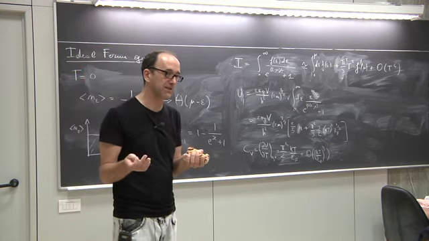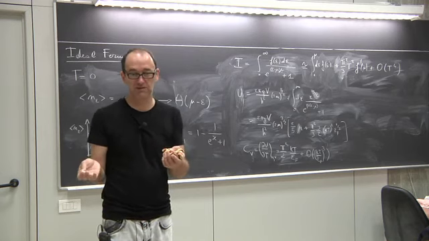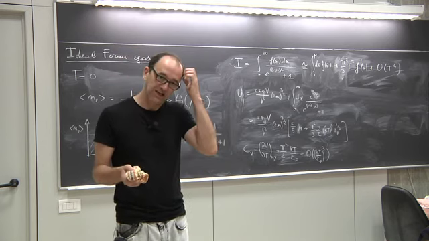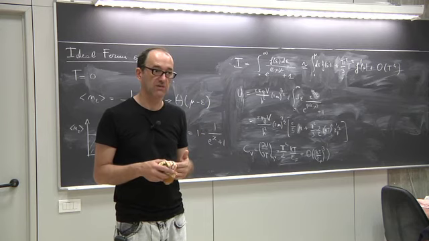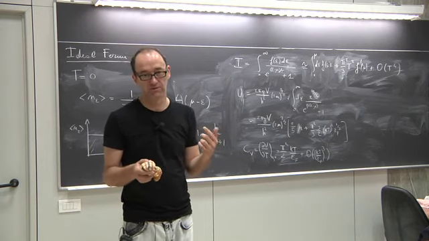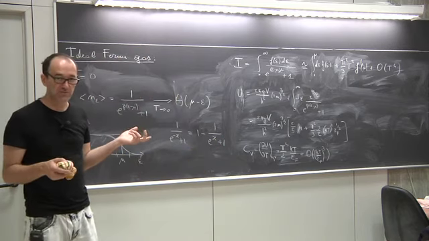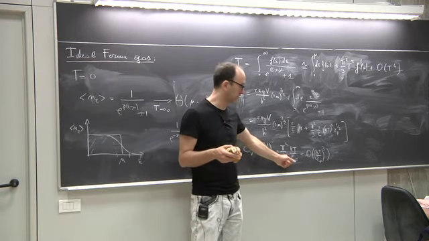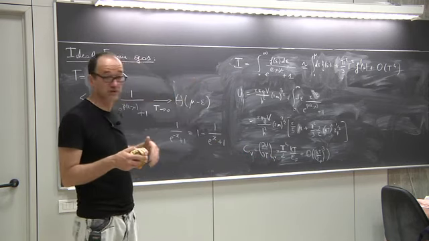And we saw last time that the specific heat of a gas of harmonic oscillators, or a gas of bosonic excitations, is proportional to temperature cubed. Whereas the electronic degrees of freedom will contribute a specific heat which is proportional to temperature.